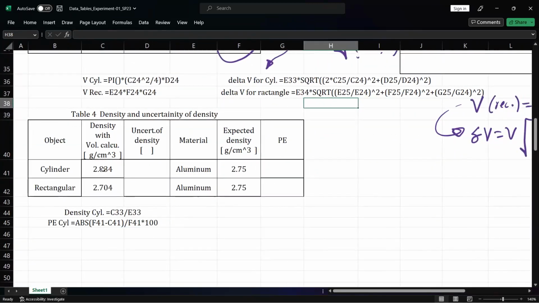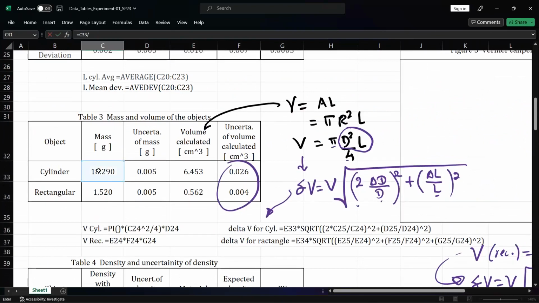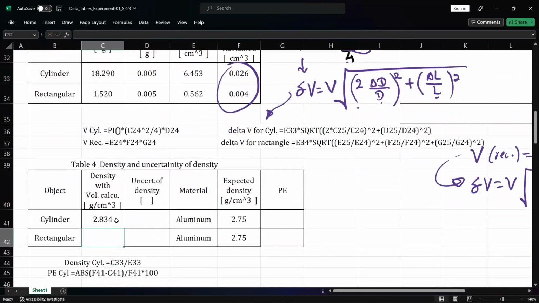Then let's move into the next part. We already did this calculation; let me go over it again. The density is basically mass over volume. We are using the same unit, gram per cubic centimeter: equal mass we measured for the cylinder divided by the volume calculated here. Similarly, I can click and drag because it's the same column, doing the calculation downward.